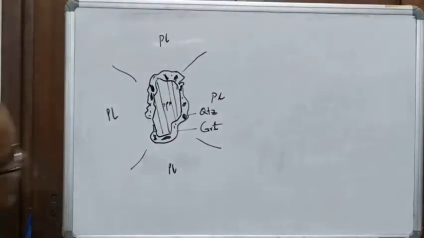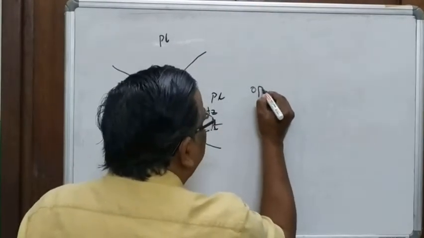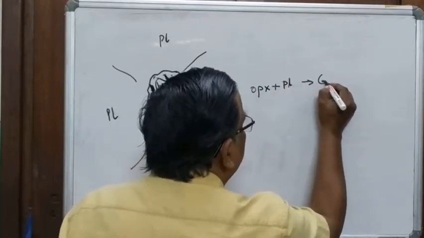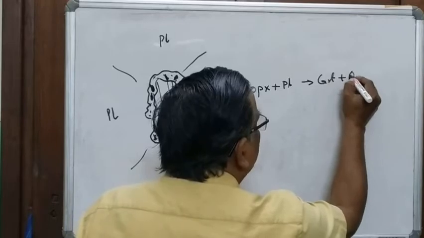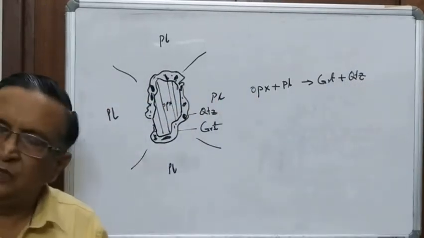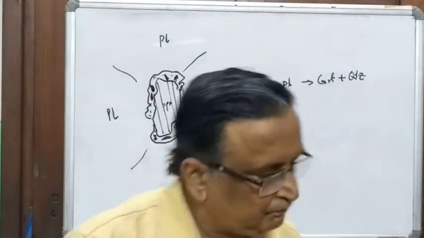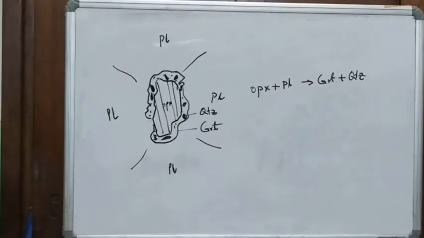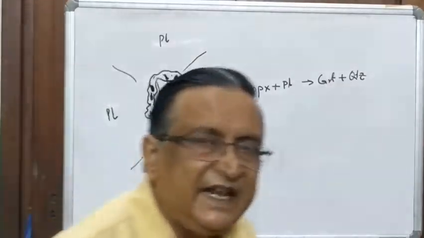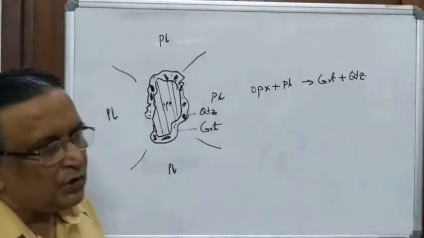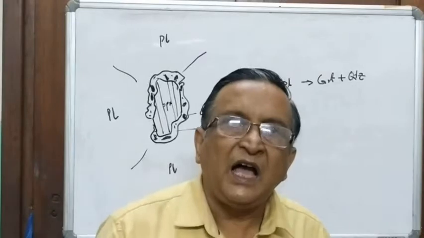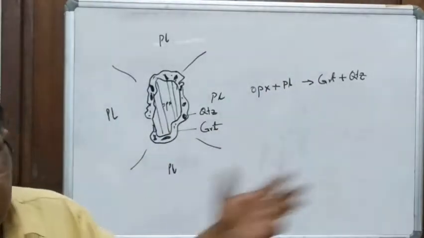So essentially, we have some sort of a reaction: orthopyroxene plus plagioclase is equal to garnet plus quartz. This is some sort of reaction that may have happened. And from common sense also, garnet is a very dense mineral. So if a dense mineral is forming, it should be on the high pressure side in a pressure temperature diagram.